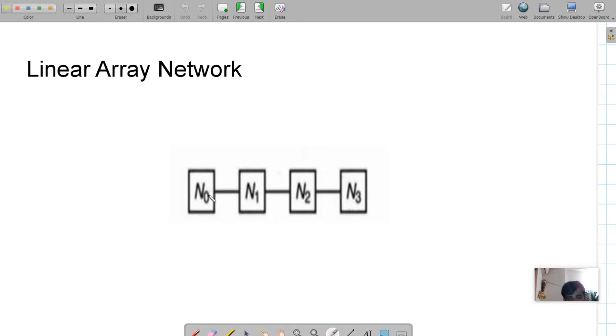However, say if N0 wants to communicate with N3, then the communication has to hop through the intermediary nodes. So depending on their state at that particular moment, there might be longer communication delays.